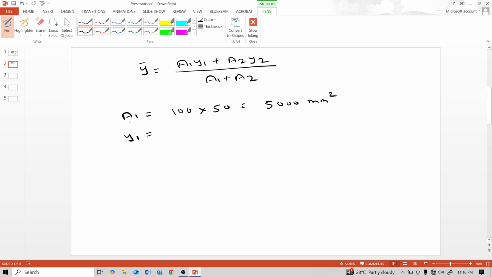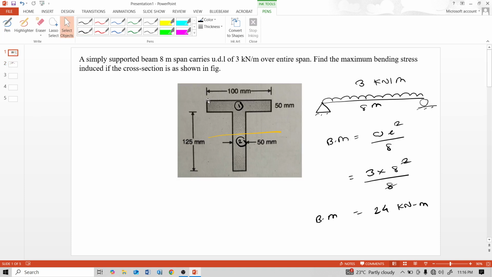Y1 is the centroidal distance of this top flange part from the bottom. That distance is 125 plus 50 by 2, that is 125 plus half of the top flange depth.